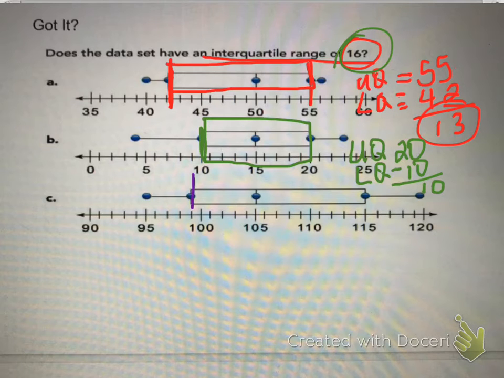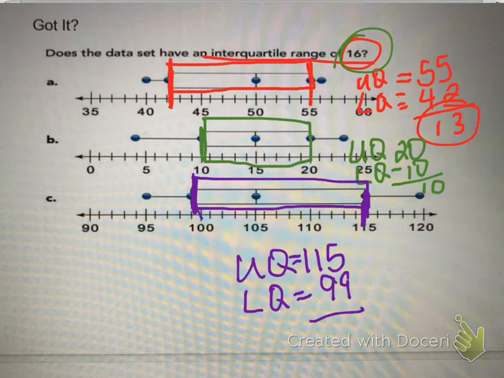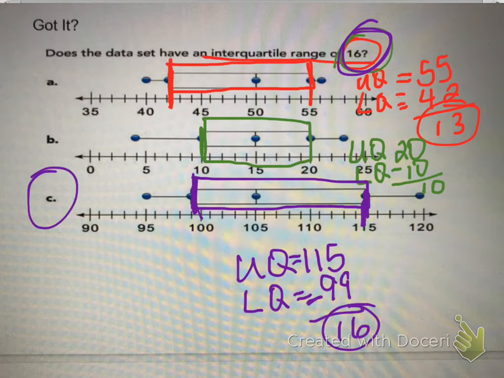We've got our middle 50% of our data right here. Our upper quartile is 115 and our lower quartile is 99. When we subtract those, we get 16, and that is what we're looking for. So the data set that has an interquartile range of 16 is going to be letter C.